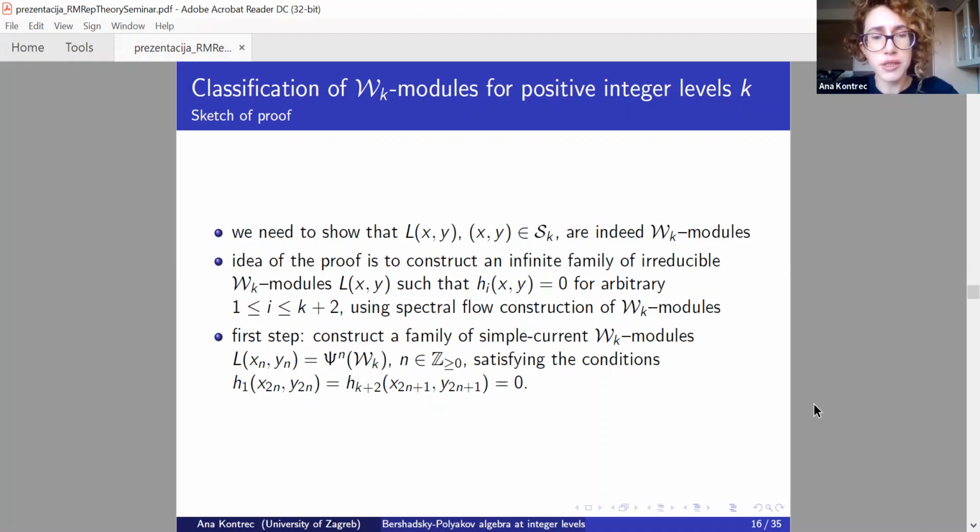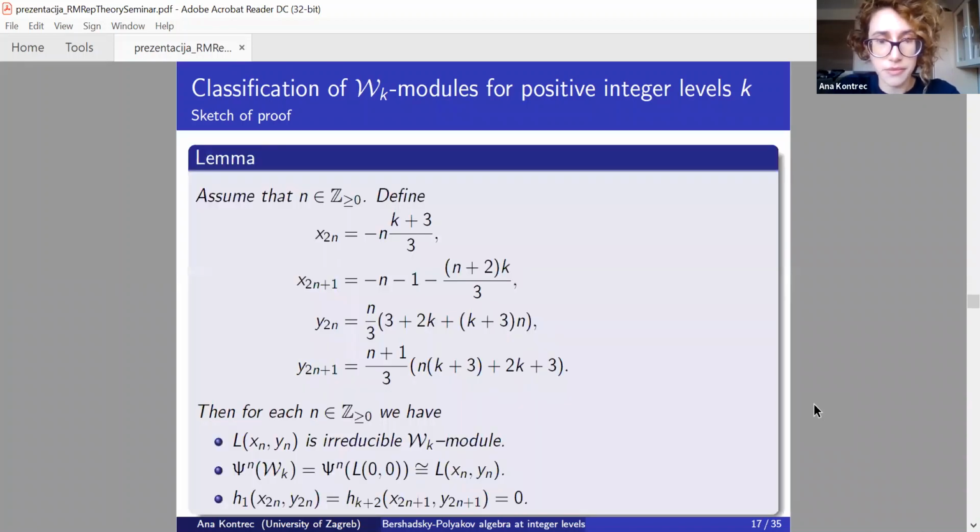First, we start with what we know is a WK module, which is WK itself, or L00. And then we apply this spectral flow automorphism to obtain a countable family of highest weights for which we know that they will satisfy these conditions.